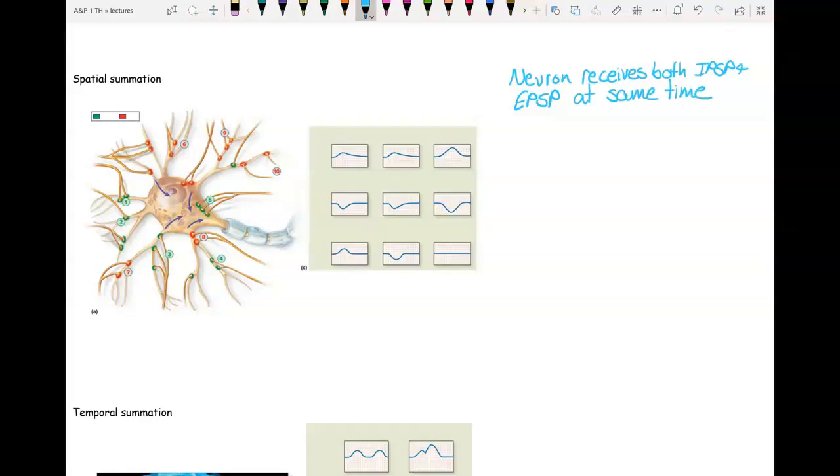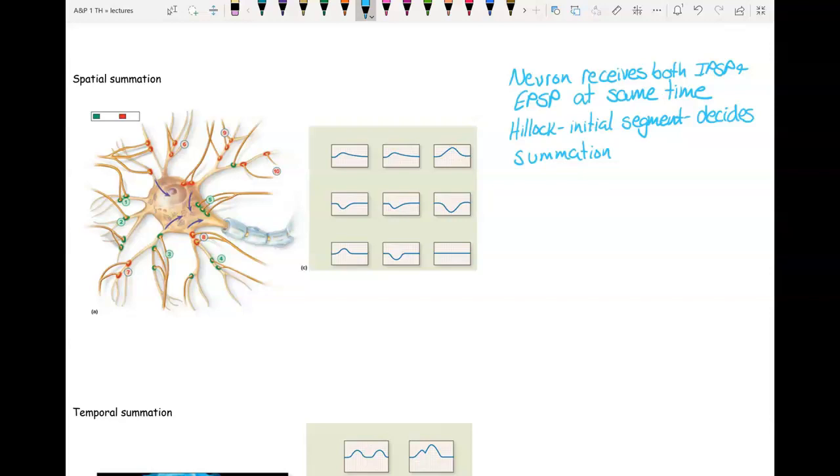So this is where the hillock comes in. Remember, the hillock is the initial segment. It's what decides which way to go. And that process of making the decision is summation. So think of sum as when you add numbers up.